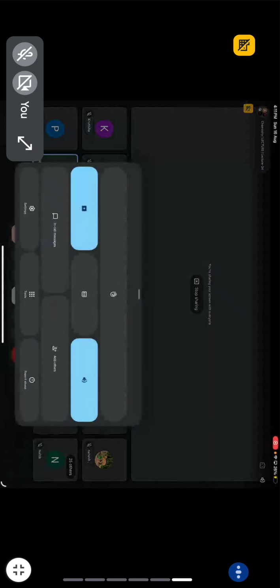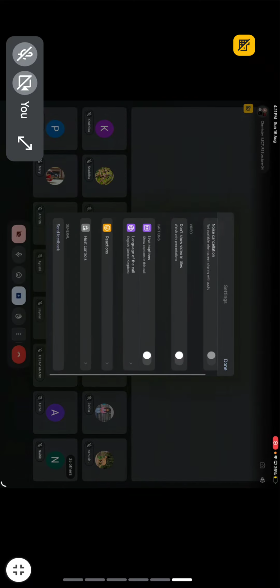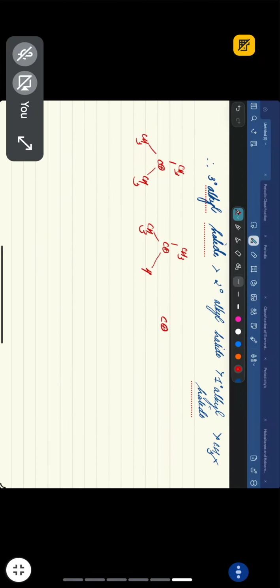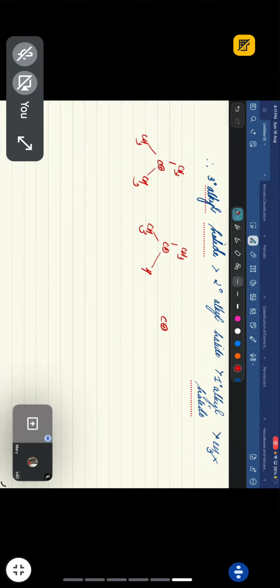A tertiary alkyl halide, then you have a secondary alkyl halide, which is more stable than a primary alkyl halide, which will be more stable than a methyl alkyl halide. Why is tertiary more stable? Very good. So there is the plus I effect. Also, there's another reason. Hyperconjugation. Very good. So there is plus I effect of the alkyl group.